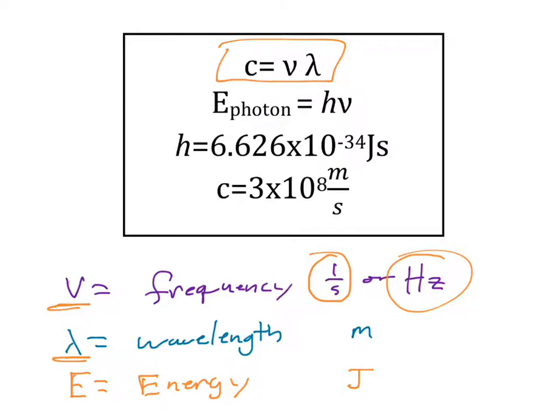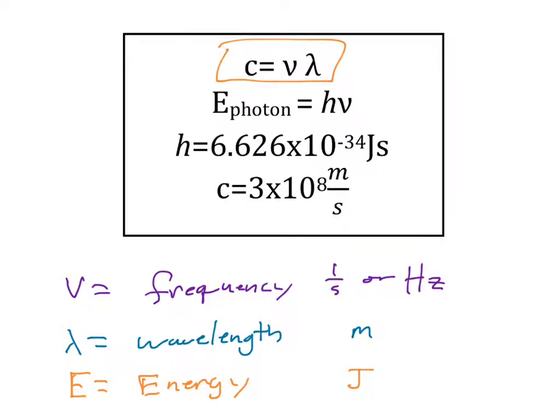Notice how the units for lambda, the wavelength, are meters, and the units for energy are joules. Now I'm going to tell you, you have to be really, really careful with your units, because sometimes a problem will not give you meters. It'll give you nanometers, or centimeters, or some other unit.